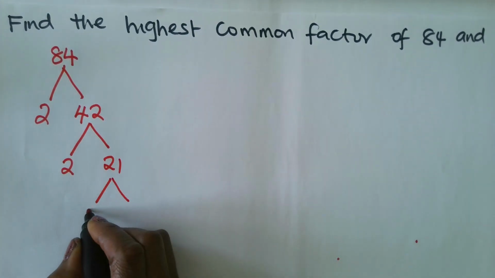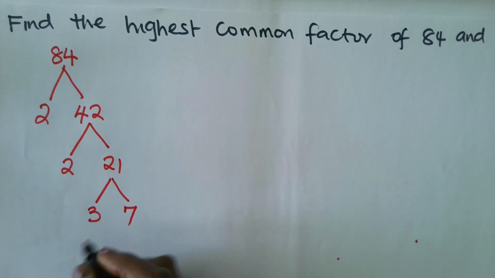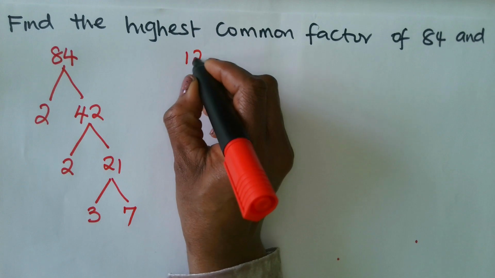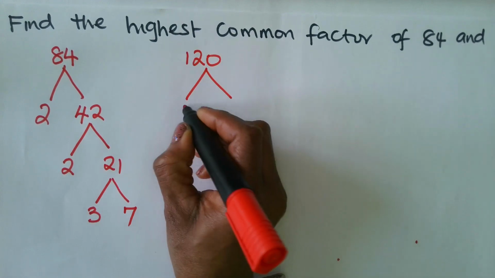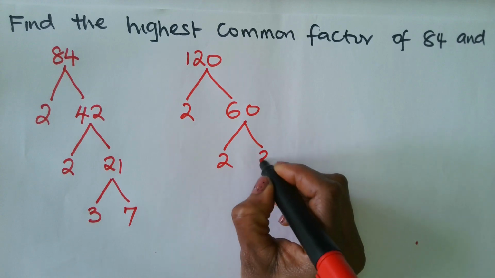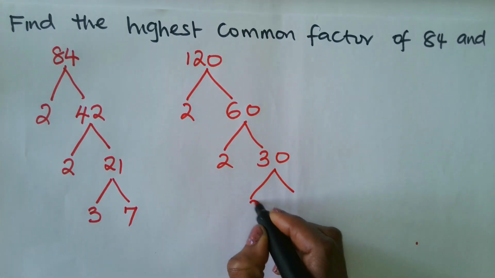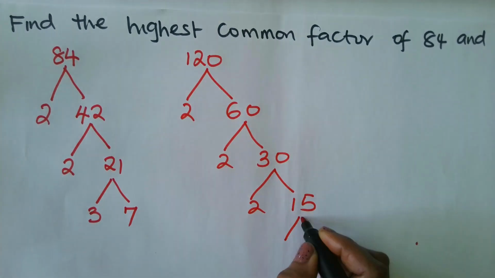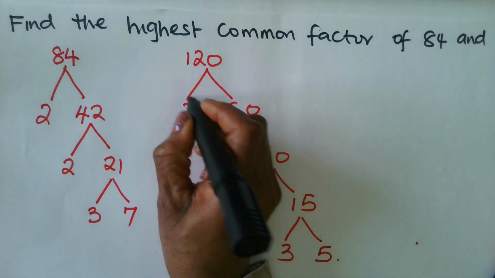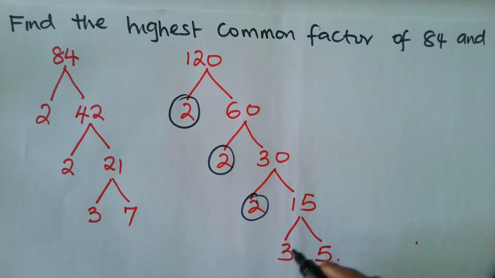And then 21 can go into 3 and 7. And then we've got 120: 2 and 60, 2 and 30, 2 and 15, 3 and 5. So I'm going to circle the prime numbers.